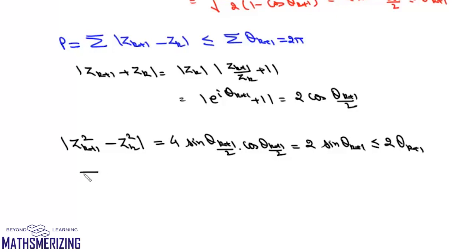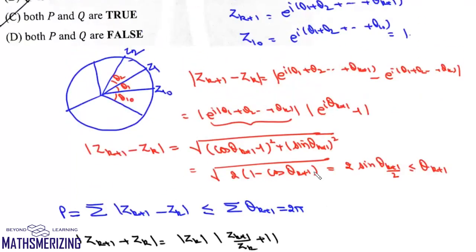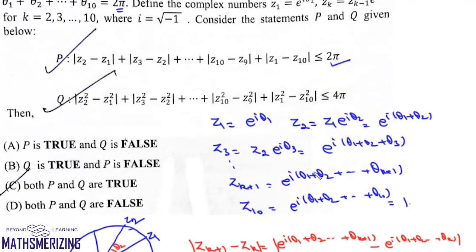Now again, if we take this summation, zk plus 1 square minus zk square will be less than or equal to 2 times this summation of theta k plus 1, which is nothing but 4 pi. So that means this statement Q is also correct.